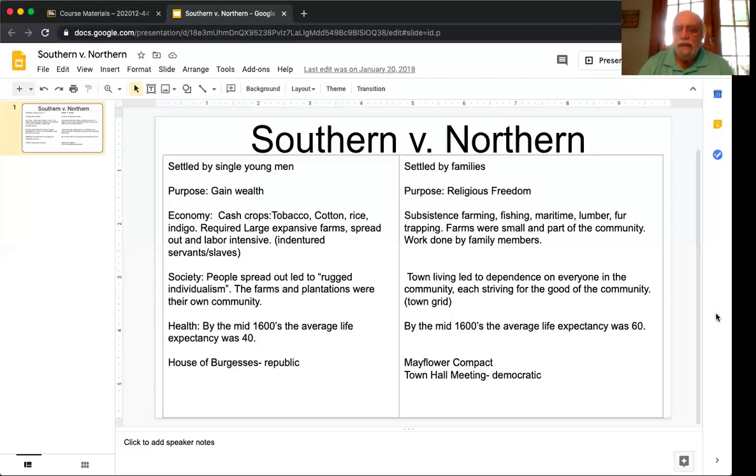So a number of indentured servants went there. The problem with indentured servants is twofold. One, a lot of them didn't survive. So the investment for the corporation wasn't very good.